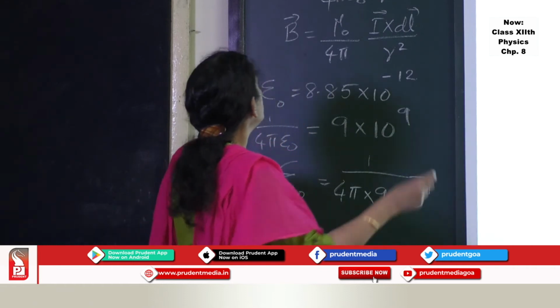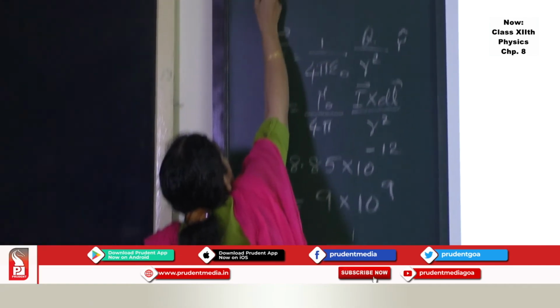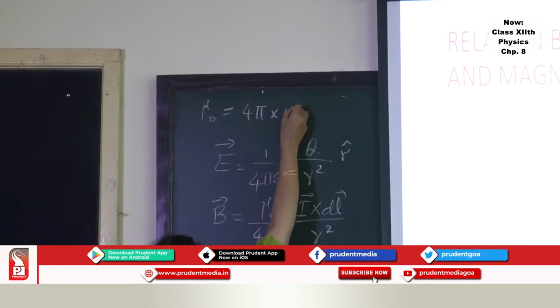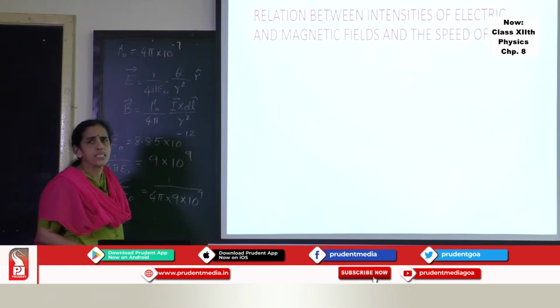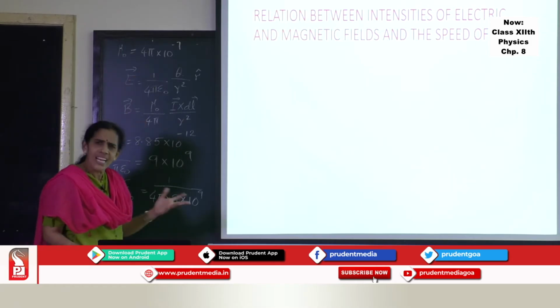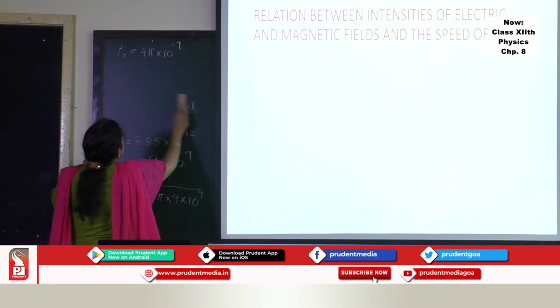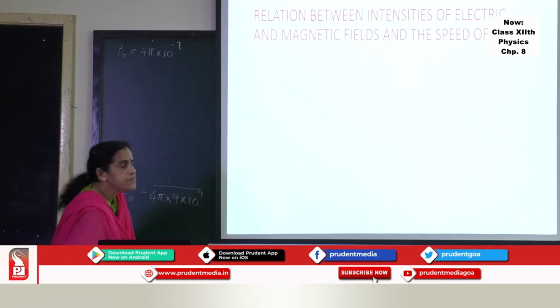Similarly, mu 0 value is 4 pi into 10 raised to minus 7. You will be learning it. See, something is important. This 4 pi, there is 4 pi here. Let's simply multiply the constants of electric and the magnetic fields.